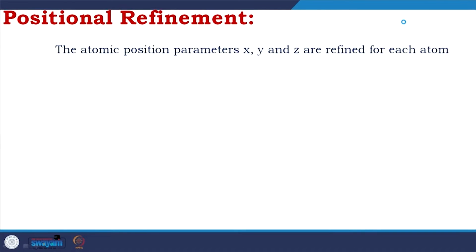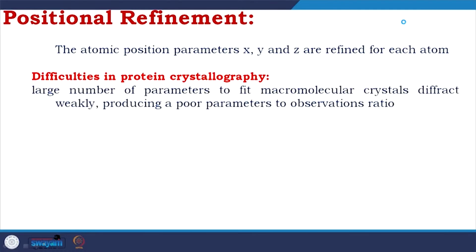Coming to the positional refinement, the atomic position parameters x, y and z are refined for each atom. There are difficulties in protein crystallography. A large number of parameters have to be fit in macromolecular crystals, especially those which diffract weakly, producing a poor parameter to observation ratio.